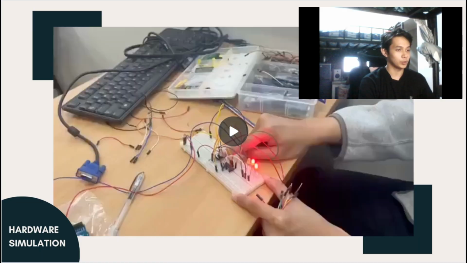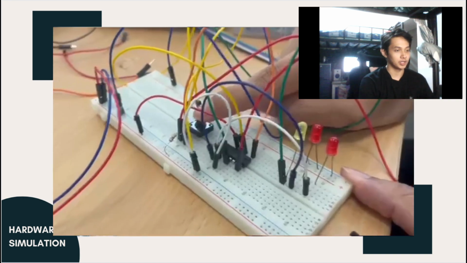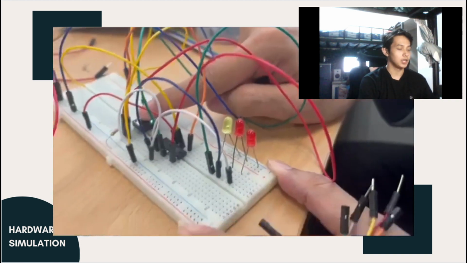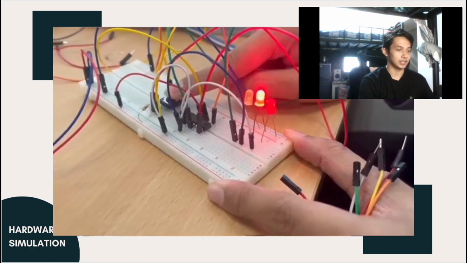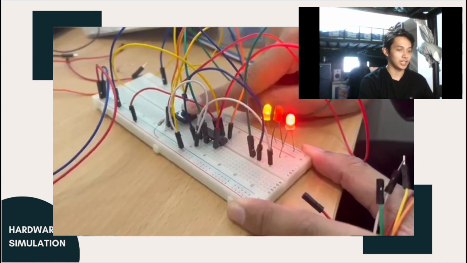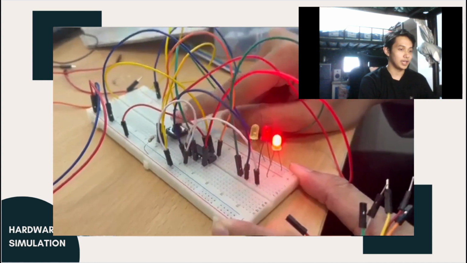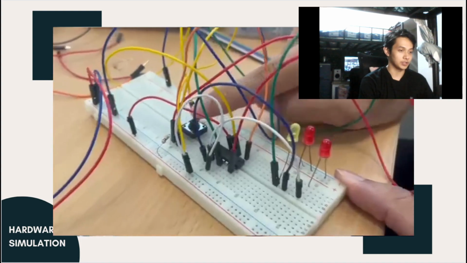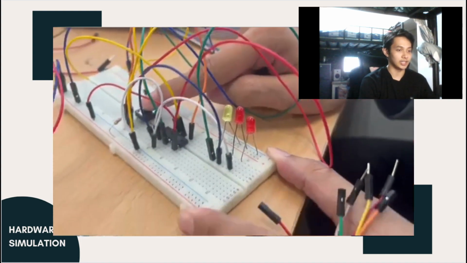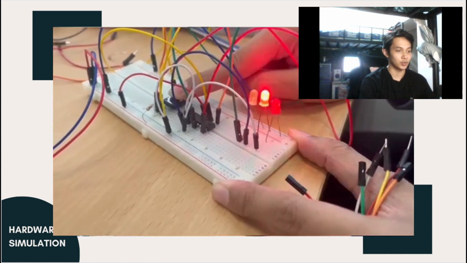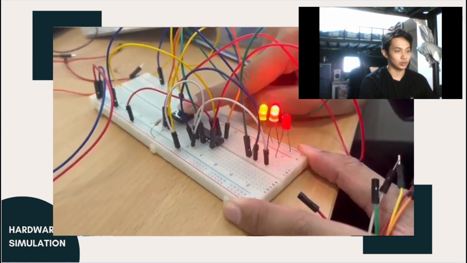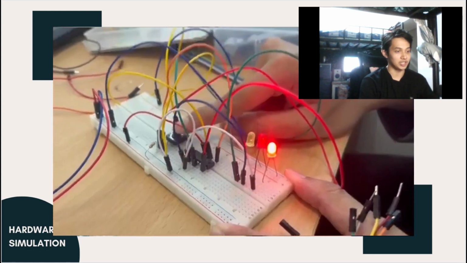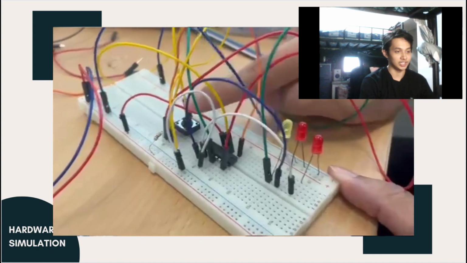And now we move on to the actual physical hardware simulation itself. Whenever we see that a button is pressed, one of the LEDs will light up. And whenever another button is pressed, we can see that the second LED will light up, making the first one unlit. This is due to the binary counter IC giving the outputs for the LEDs.